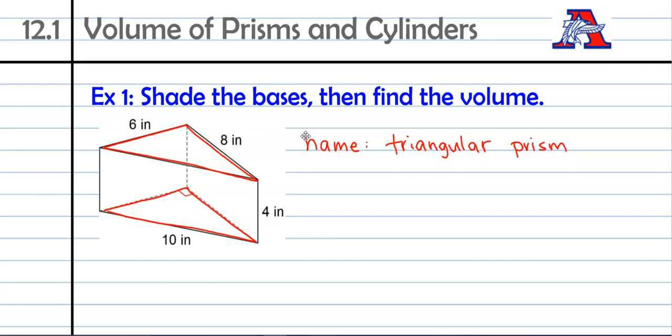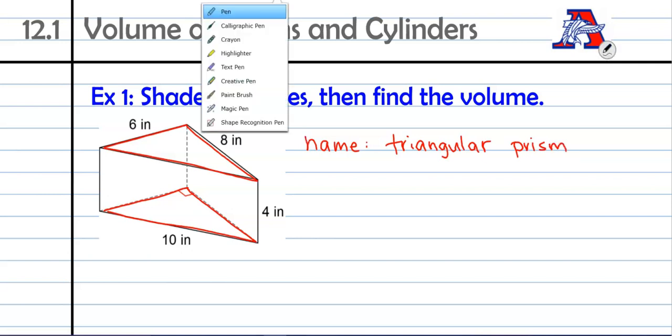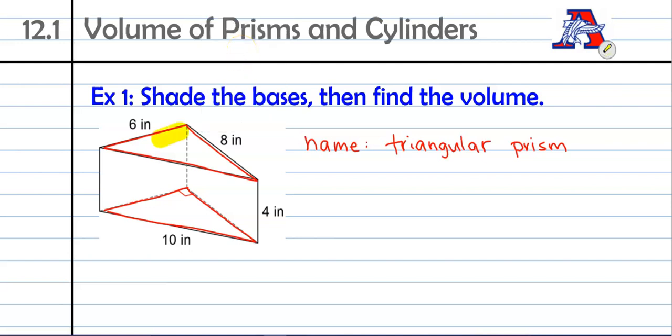All right. And then I did outline the bases, but we'll highlight them, we'll shade them. So here's a base, and here's a base. So that was step 2. And then we're going to go ahead and find the volume. So when we find volume, we're just going to write down the formula. We need base times height. So first thing is to find the area of just one of those bases. Okay, and in this case, our base is a triangle.